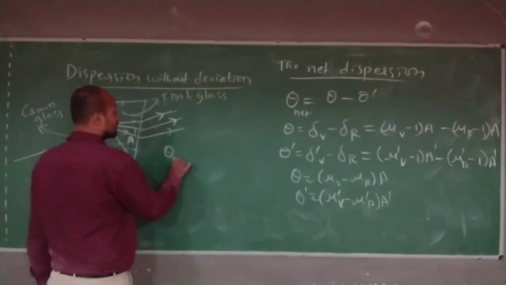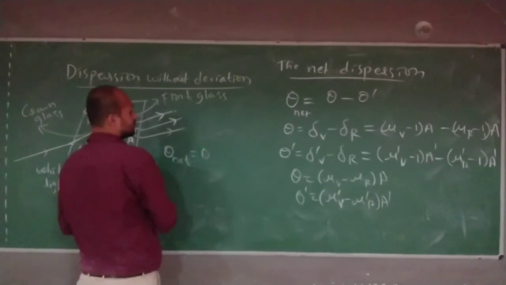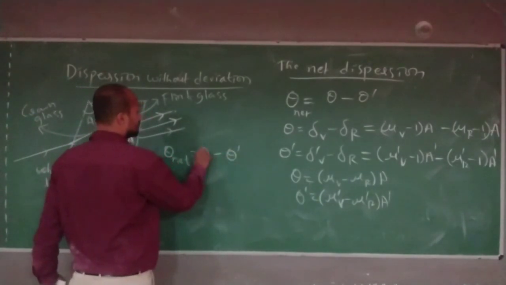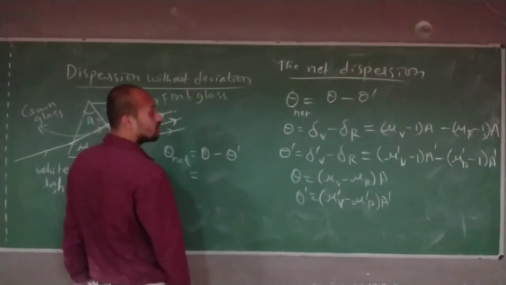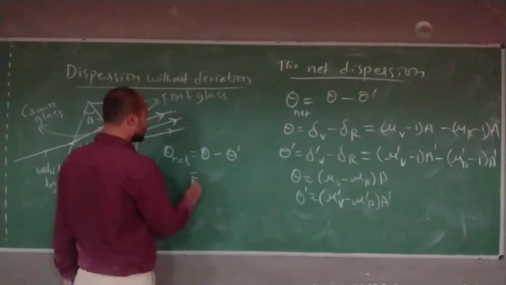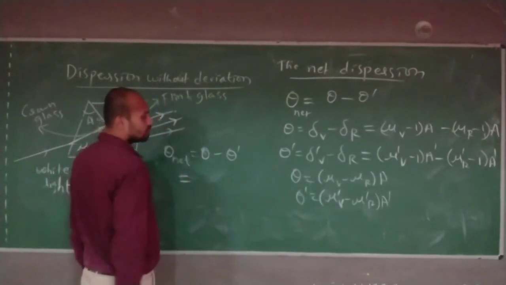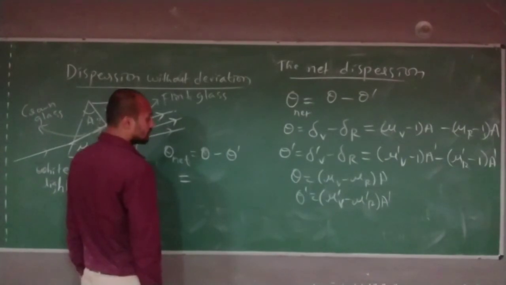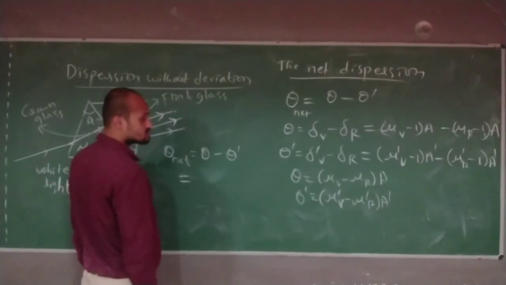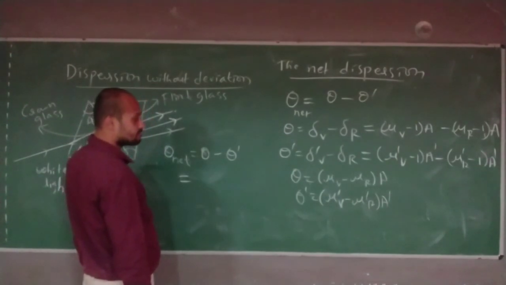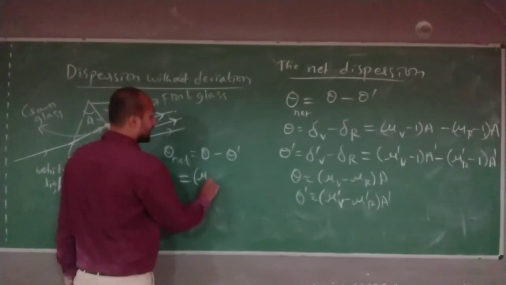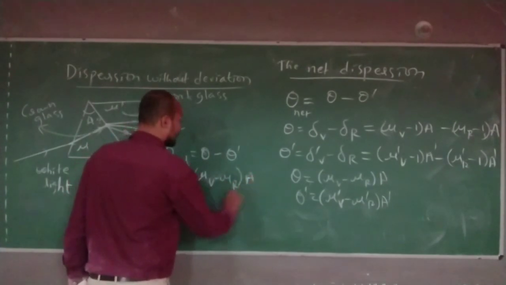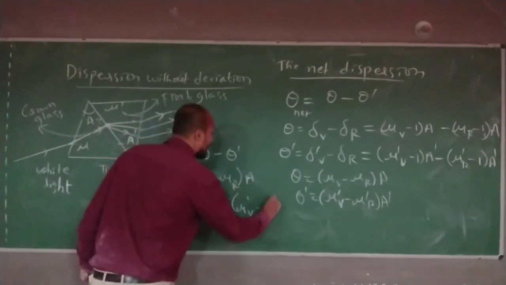Now theta net. Theta net is equal to theta minus theta dash. What is theta? Theta is equal to (mu v minus mu r) into A, minus (mu dash v minus mu dash r) into A dash.